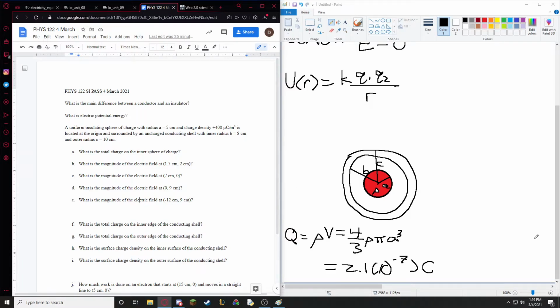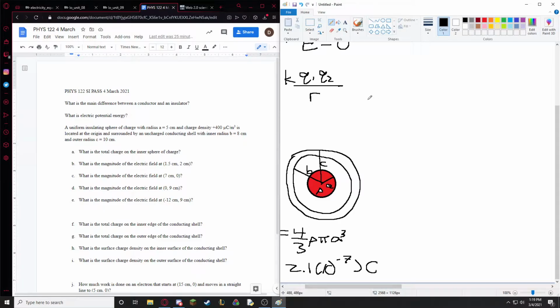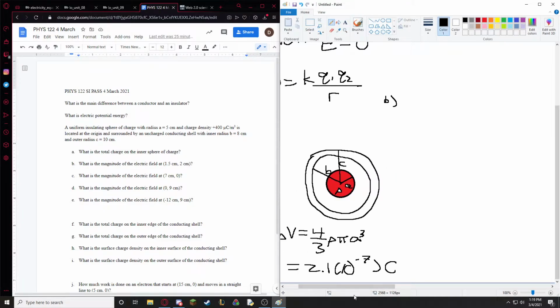It's going to be inside our sphere. Yep, inside our sphere. So how do we find the magnitude of the electric field inside our sphere?